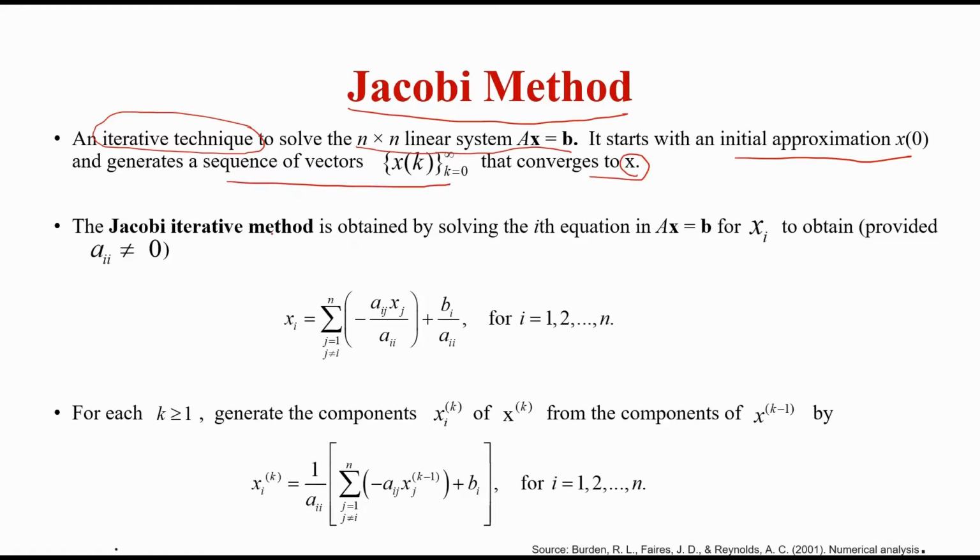This Jacobi iterative method is mainly calculated through this iterative scheme. I'll show how this iterative scheme works. This is the mathematical representation of the iterative scheme used in the Jacobi method.